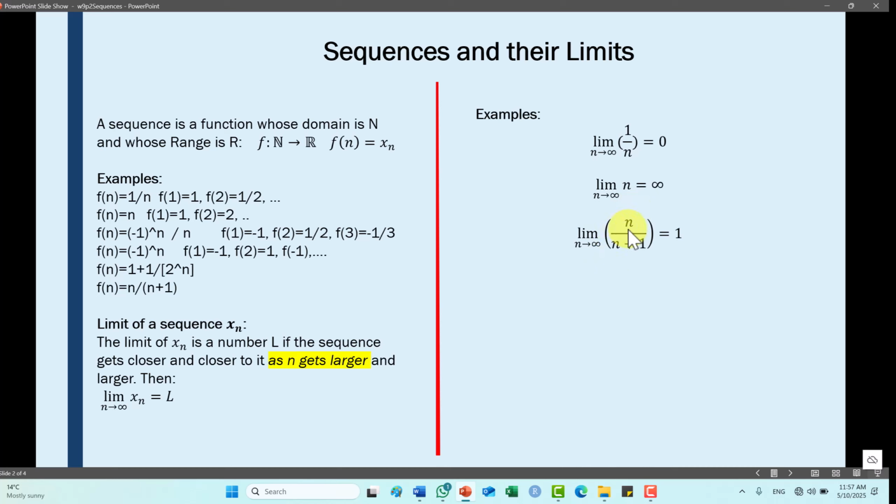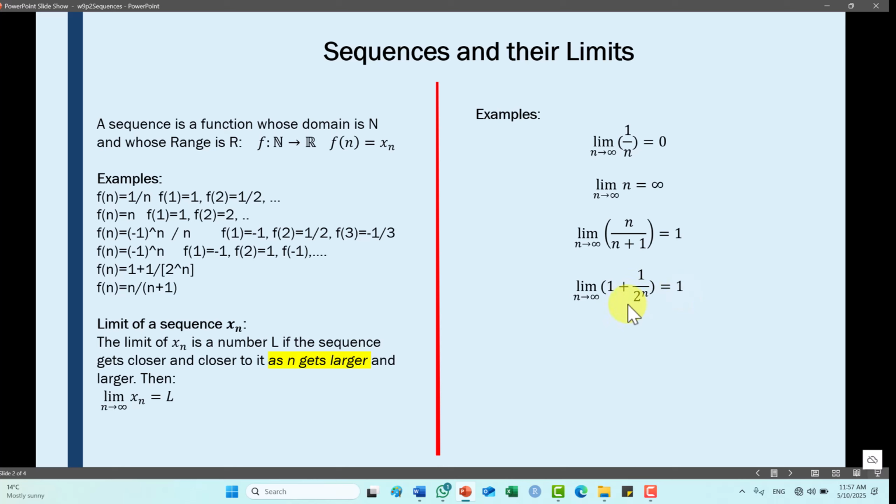But the limit of this fraction here, n over n plus 1, is equal to 1. Because as n gets larger, n and n plus 1 are approximately the same number, and therefore when we divide them we get 1. Likewise, the limit of 1 plus 1 over 2 to the power n is 1.